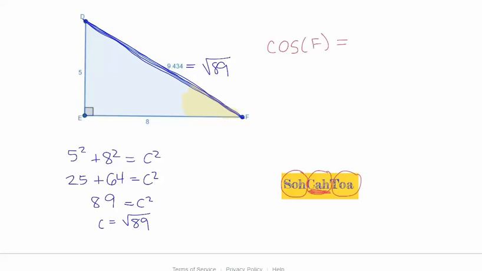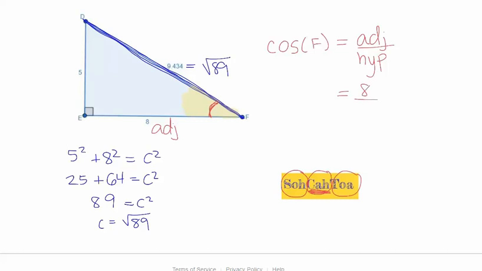Remember, cosine is always going to be a ratio of my adjacent side compared to my hypotenuse. So when I look at my picture, my adjacent side for angle F is going to be right here, the side with a value of 8.